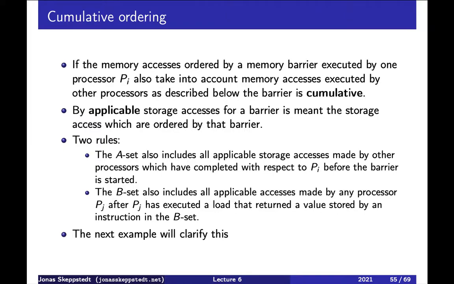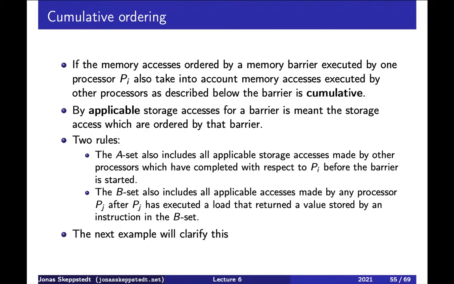So the A set, I mean the set of instructions that are before or should be before the memory barrier, also includes the applicable memory access instructions made by other CPUs before the barrier is started, and applicable is different between different memory barrier instructions. I mean, it's the ones which are ordered by that memory barrier instruction.